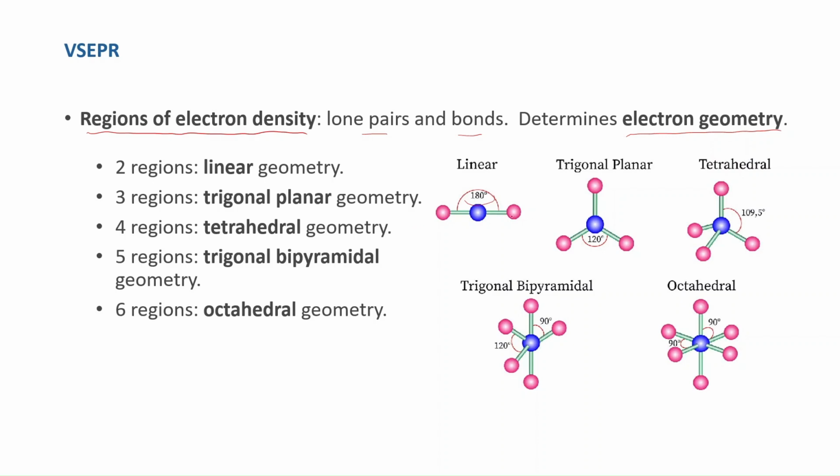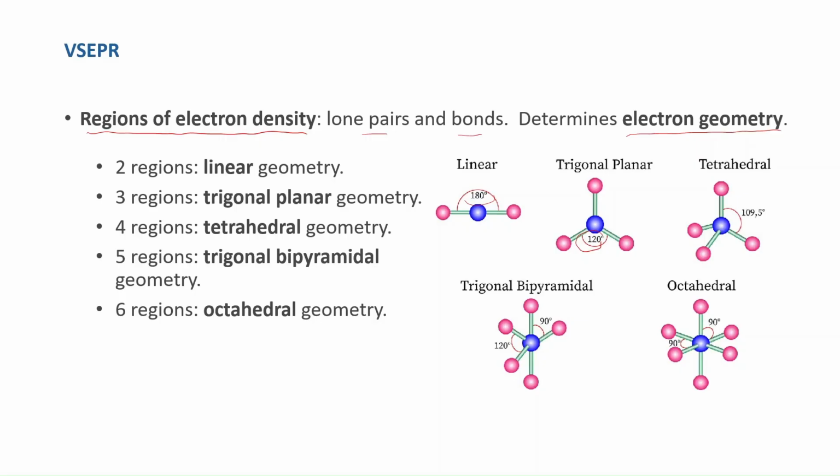If you have three regions, that's called trigonal planar. When you have 3 points, they always form a plane, right? So that's going to be trigonal planar, and because the whole circle is 360 degrees, a third is going to be 120. I'm telling you this because that way you don't have to memorize.